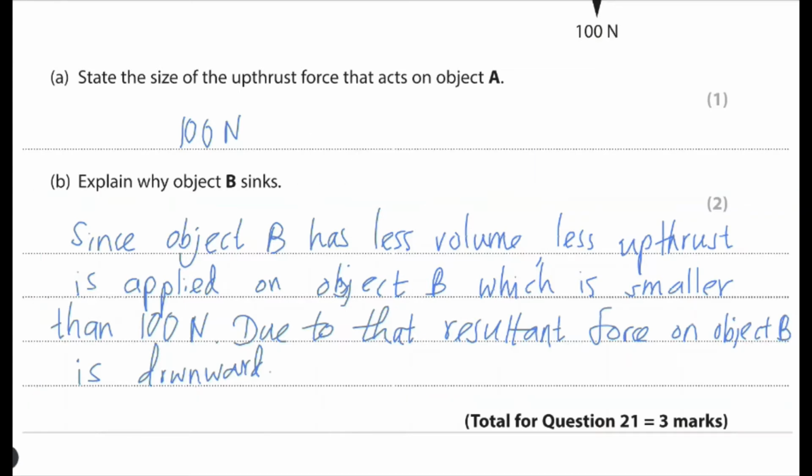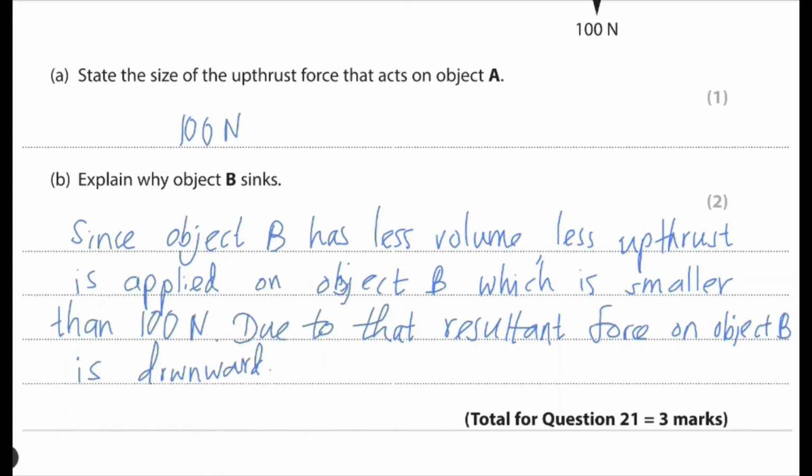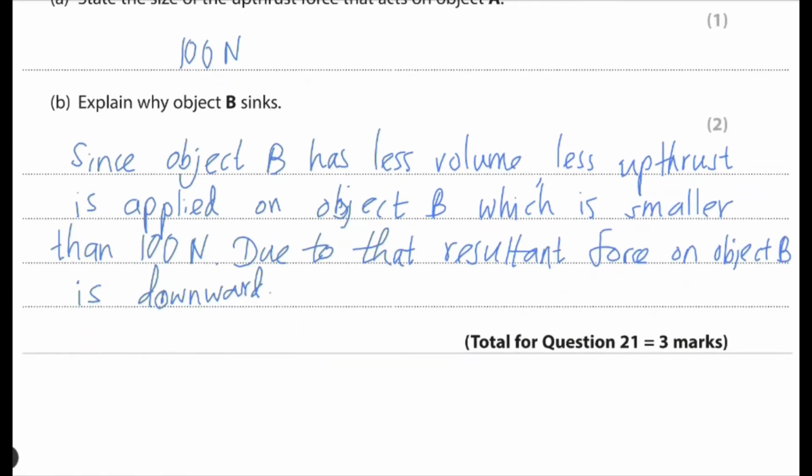Due to that, the resultant force on object B is downwards. Or you can say actually object B is more dense than water. So if there is something which is more dense than the liquid, that object can sink.